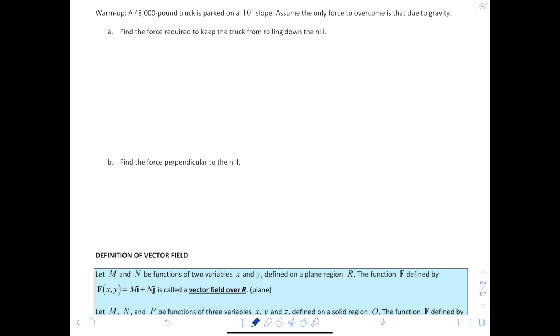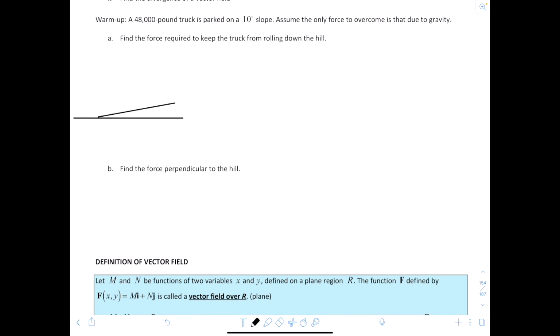So what do we have going on here? We've got this 10-degree slope, something like that, right? And then there's a truck on it.